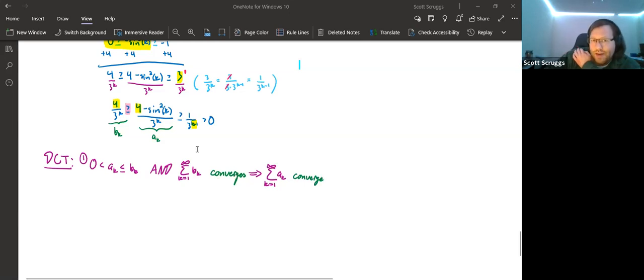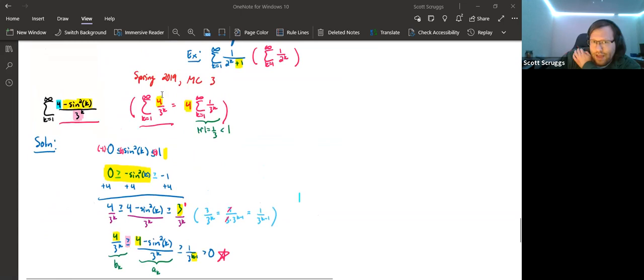And so that was why I need to show this inequality here, because the terms with the 4 over 3 to the k power, that is a geometric series where I factor out the 4, and the absolute value of r is 1/3, which is less than 1.